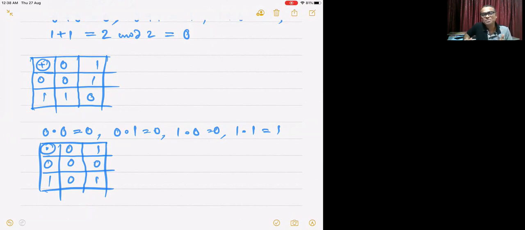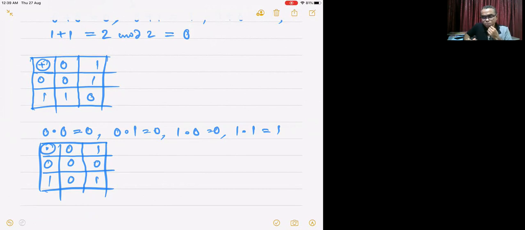So closed under addition, yes, because 0 plus 0 is 0, 0 plus 1 is 1, 1 plus 0 is 1, 1 plus 1 is 0. Addition is commutative and associative, because the addition actually comes from addition in integers, and they are associative and commutative, so they also will satisfy the same properties here.